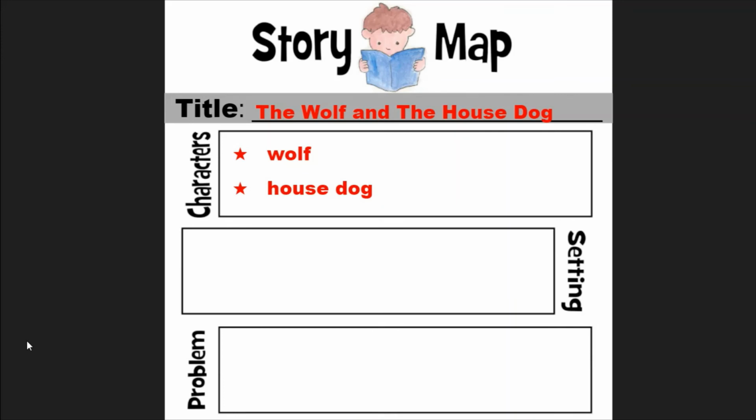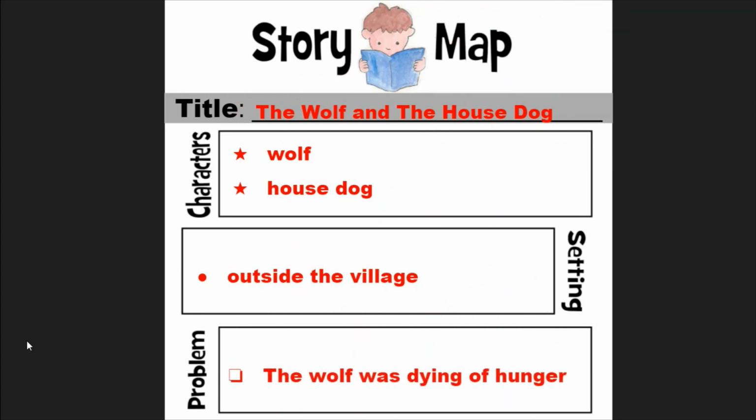So, what is the setting of the story? Very good, yes, outside the village. That's right. And now let's go back to our main problem. Remember that as we discussed during our reading, there are several problems, but the main problem in the story is that the wolf is hungry. The wolf is actually dying of hunger. That's right. So here we have it.